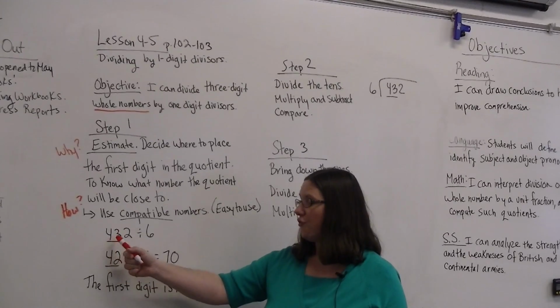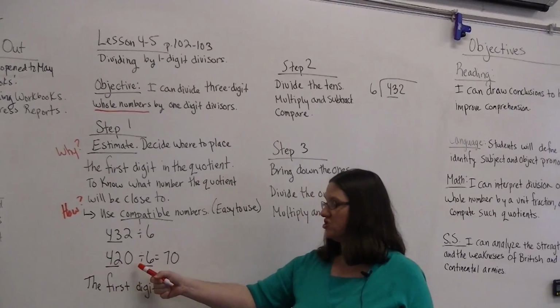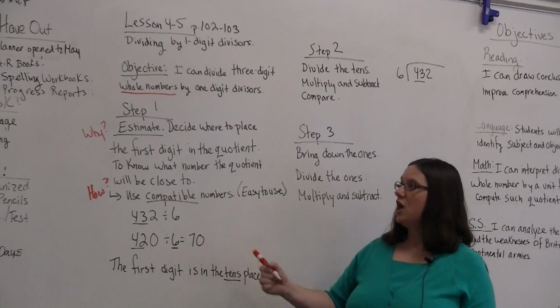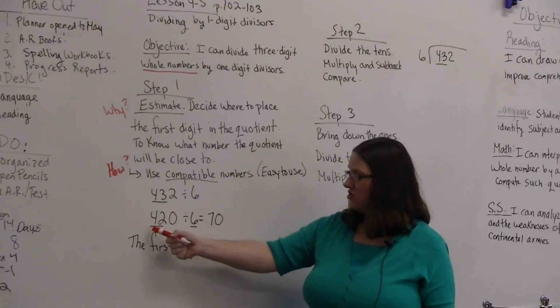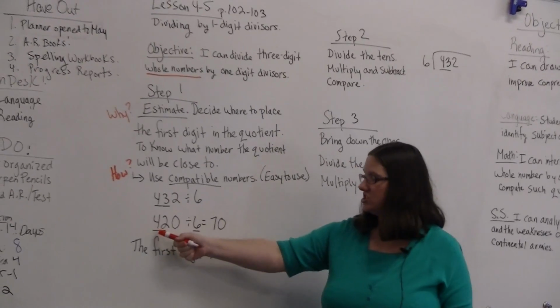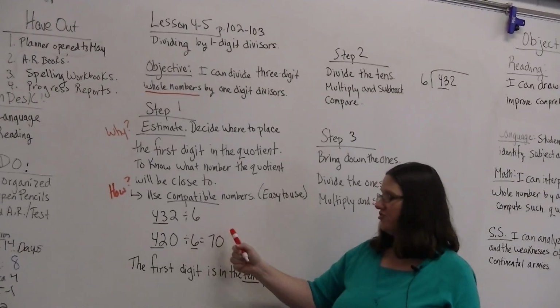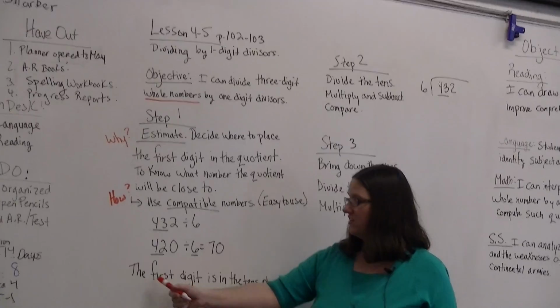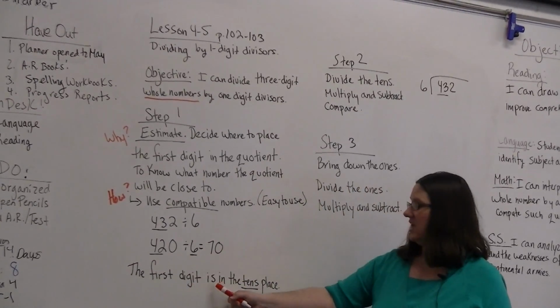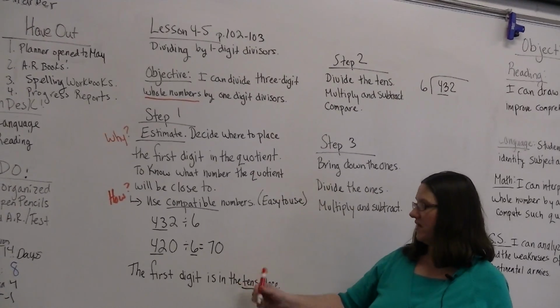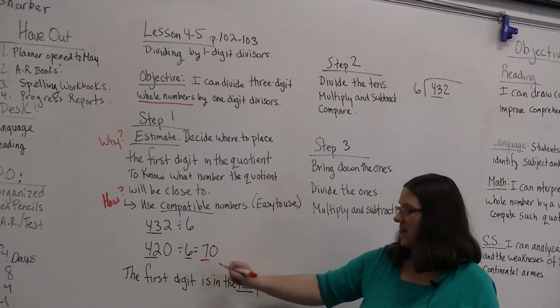So we're going to change 432 to 420 and divide by 6 for our estimate. When you do that, you underline your basic fact, which is 42 divided by 6, which gives us 7, and then we just put the 0 in your answer. So the first digit that's going to be in the tens place is our 7.